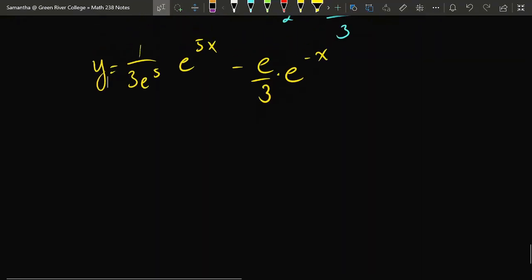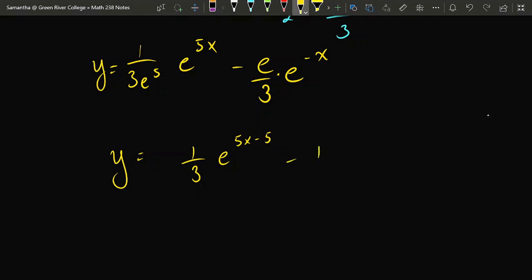I'm personally a little bothered by the aesthetics of this solution as it is written right now. So for my own sanity, I'm just going to rewrite this a bit: 1/3 e to the 5x minus 5 minus 1/3 e to the negative x plus 1. Just using the properties of exponents to put some of those e's together.